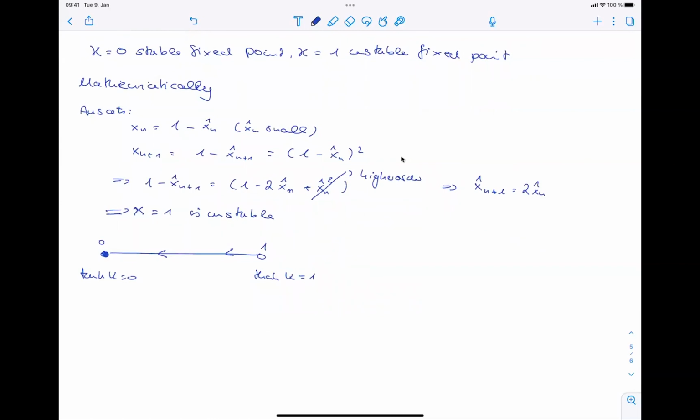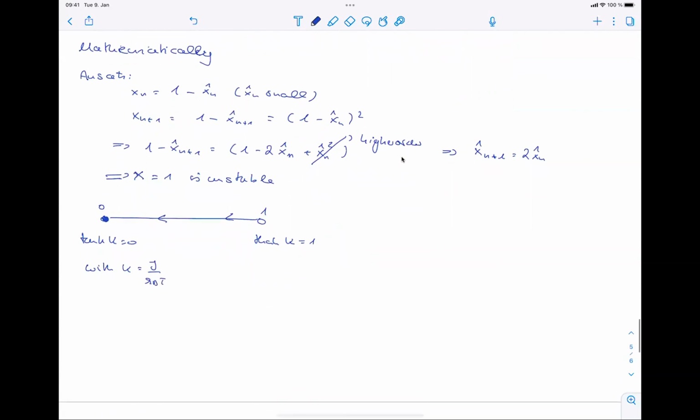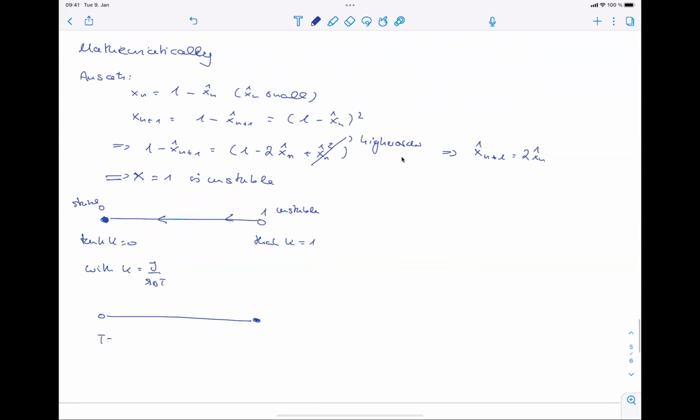Taking into account how K is defined in terms of the temperature, with K equal J over kBT, this means that I'm flowing from the unstable, to the stable, from T equals 0 to high temperature. This is the unstable. And this is the stable.